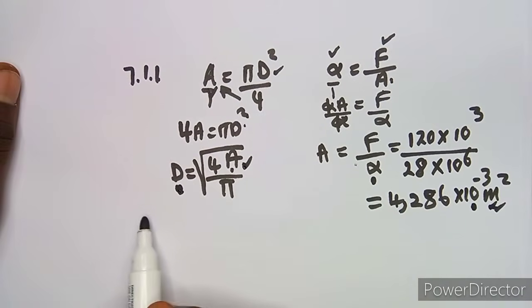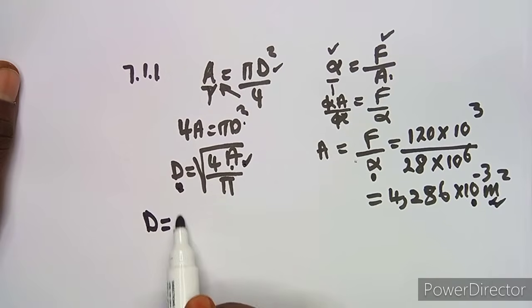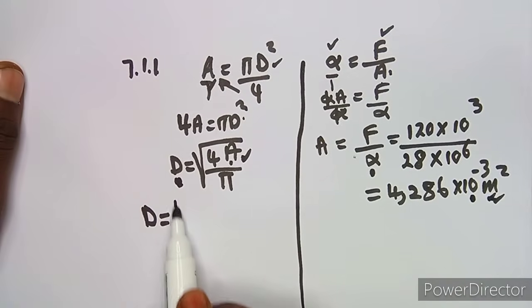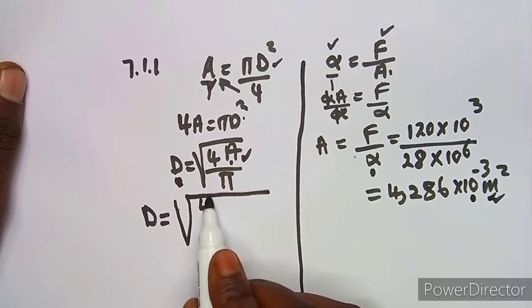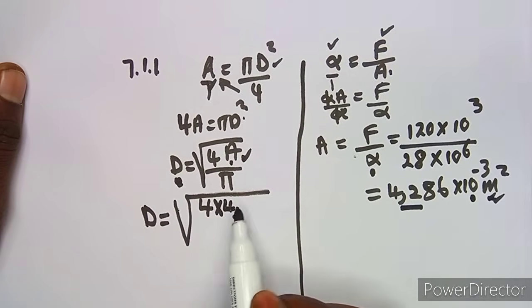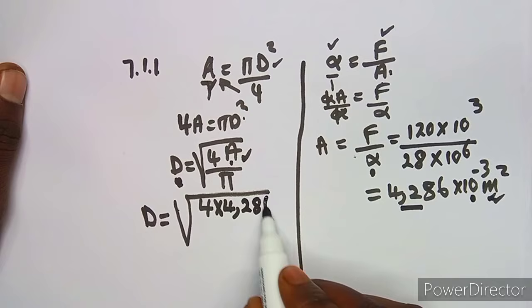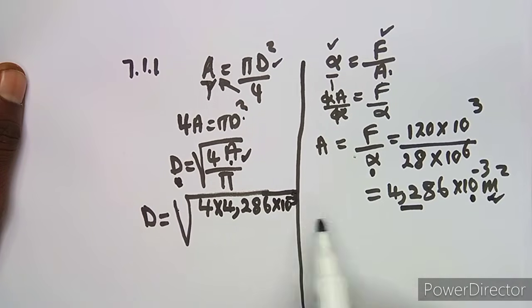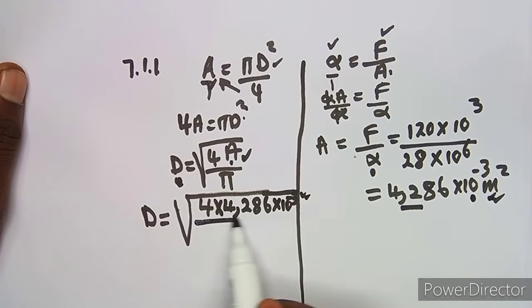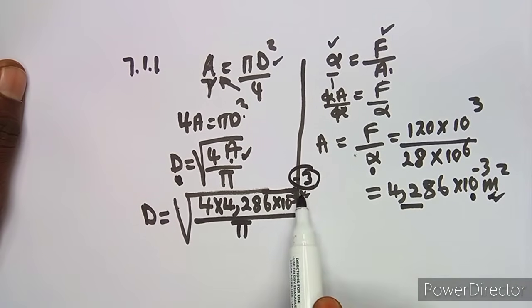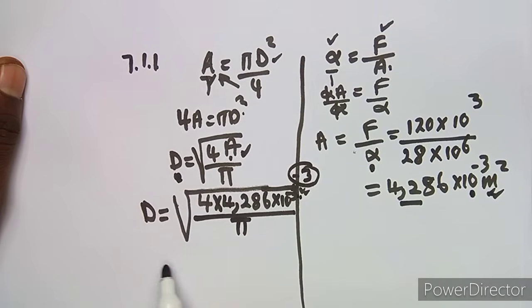So the area is there, therefore our diameter is going to be the square root of 4 times the area, which is this value here, 4.286 times 10 to the power minus 3, everything over pi, like this. So take note, this is minus 3, we have got minus 3 here on the exponent.